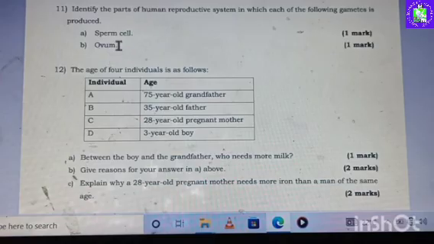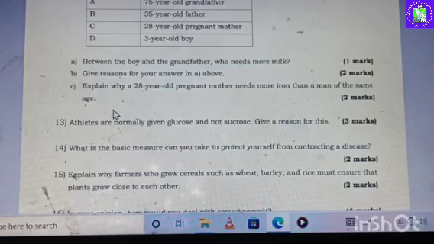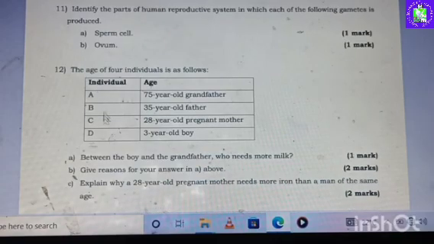In addition, sperm cell is produced by spermatogenesis, while the ovum is produced by oogenesis. Question number 12. The age of four individuals is as follows.